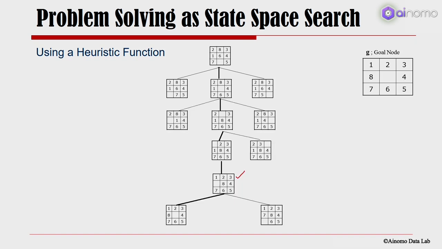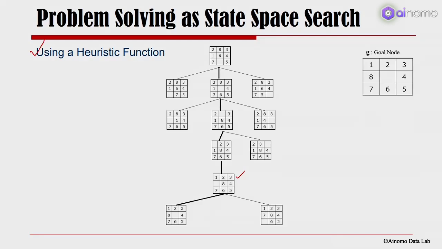What I wanted to show by repeating an exercise that I have done for uninformed search is that when I am using some form of problem domain information, which is roughly called a heuristic function, the whole idea of looking for a solution in the problem space has been directed.